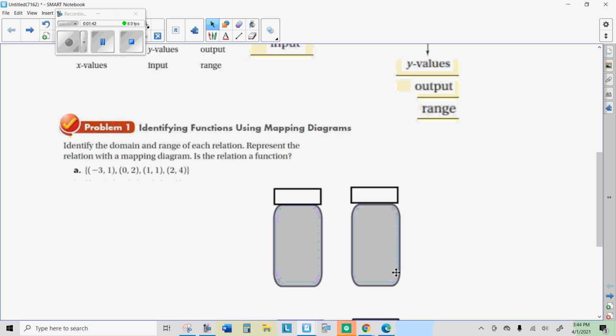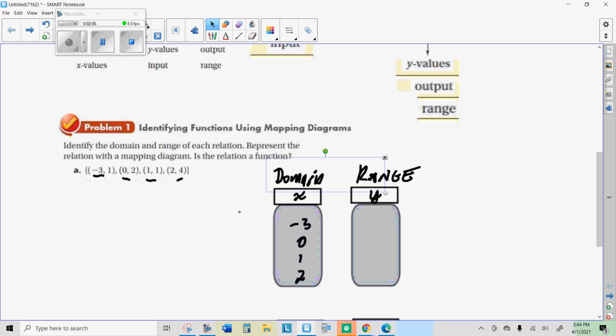Okay, so here's one way we're going to tell if it's a function. We're going to use a mapping diagram. I'm going to put all of my domain in one of these jars, and all of my range in the other jar. Now, of course, you have to remember that domain are the x's, range are the y's. So my x's are -3, 0, 1, and 2.